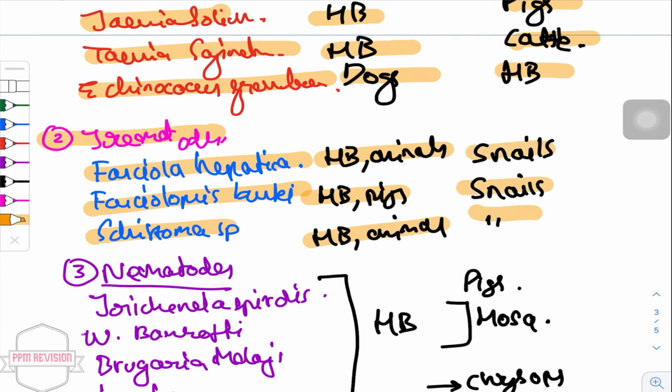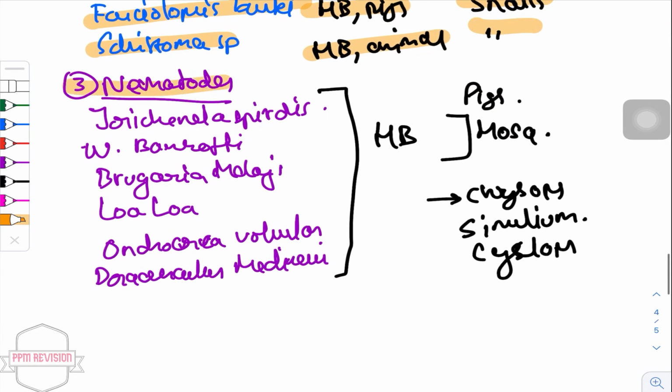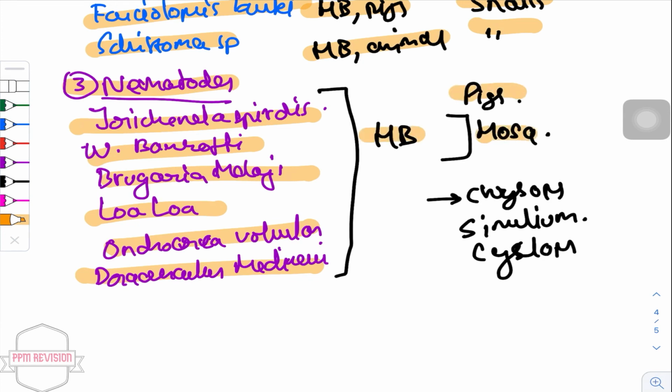So here you have snails that act as intermediate host. Next there is nematodes. Under this there is Trichinella spiralis, Wuchereria bancrofti, Brugia malayi, Loa, Onchocerca volvulus, and Dracunculus medinensis. So all these are present in human beings and pigs. Then there's mosquito and chrysops, and then there's Simulium, and then there's also Cyclops.